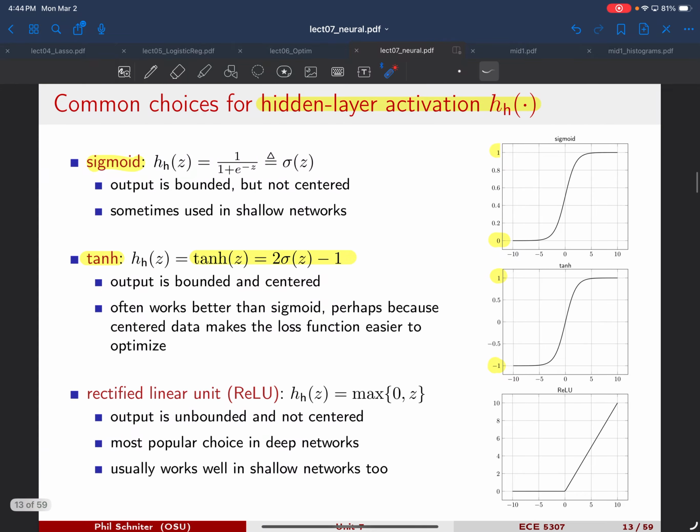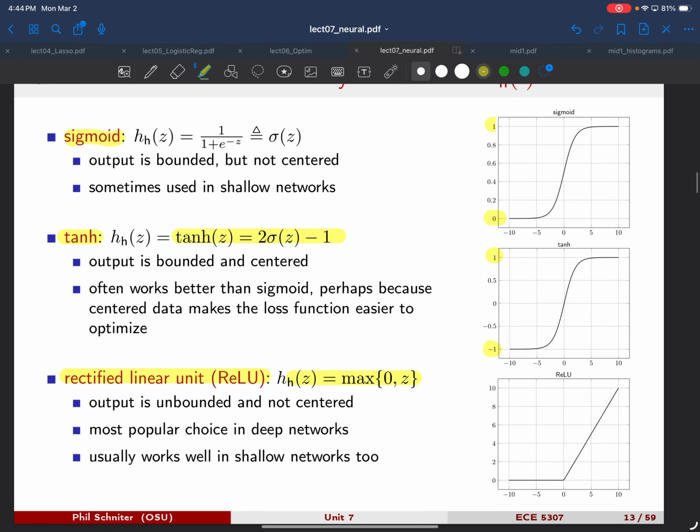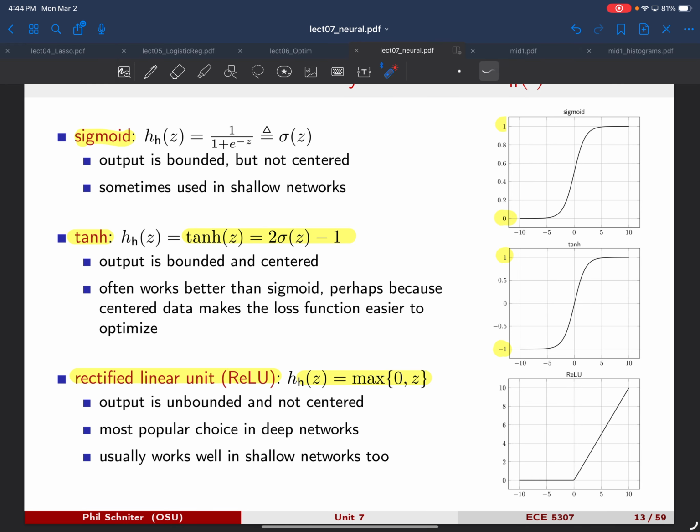And there's a very popular alternative called the rectified linear unit, or ReLU. The function is just: if the input is negative, then the output is 0, and if the input is positive, the output equals the input.